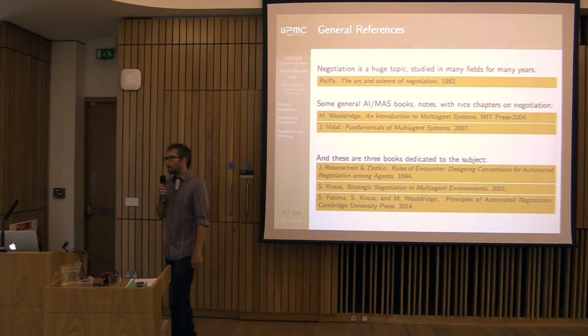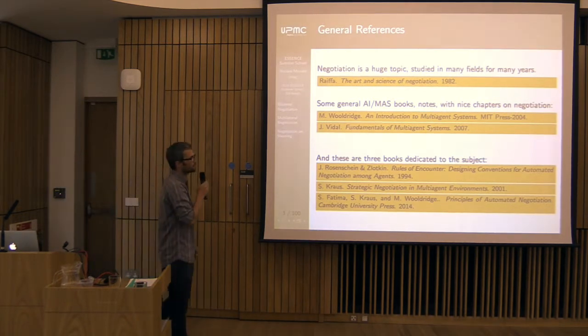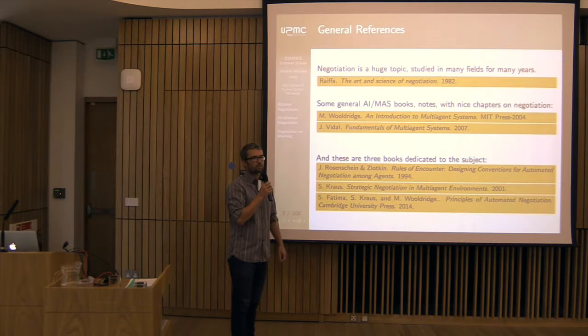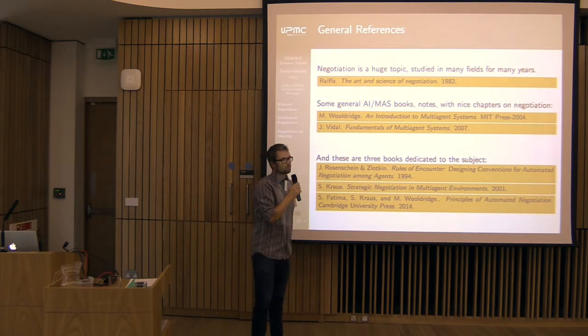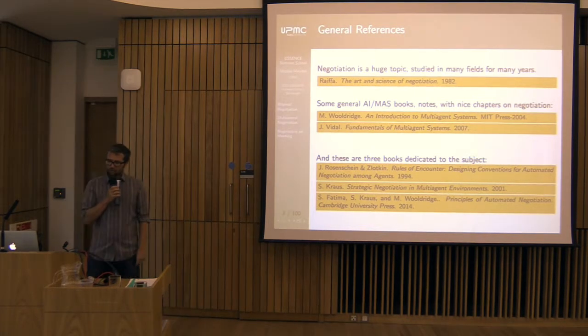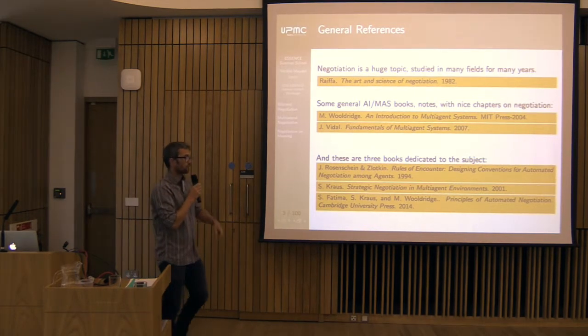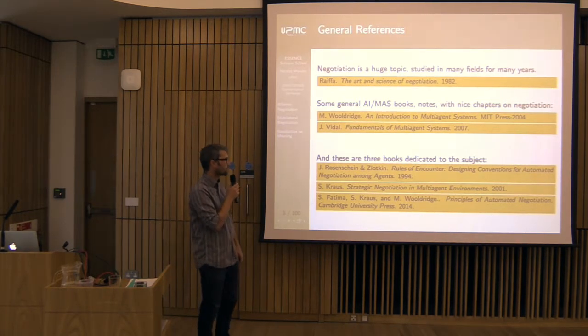Also in many or any AI or multi-agent systems book, you would find some chapters on negotiation. For instance, in the one by Mike Wooldridge and José Vidal, you would have very nice chapters on negotiation. And there are 3 books dedicated to the subject of negotiation with agents, so automated negotiation.